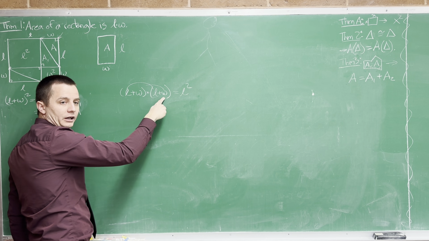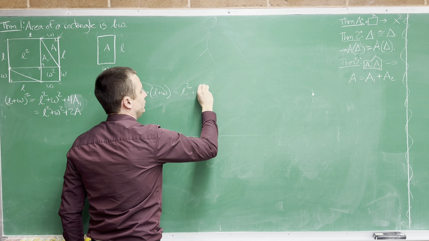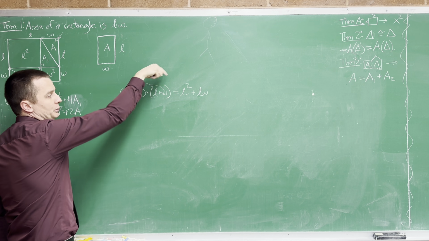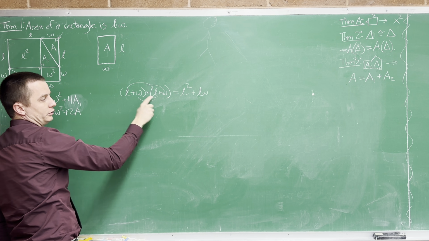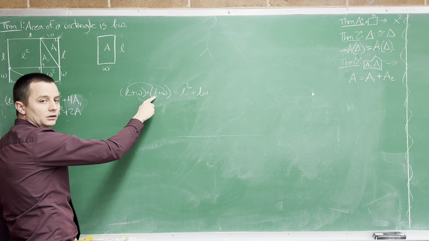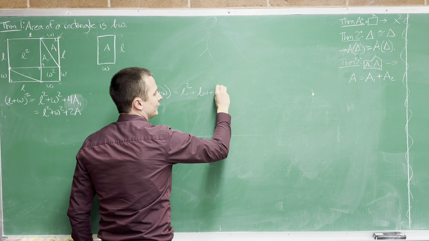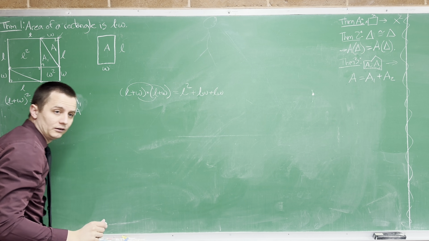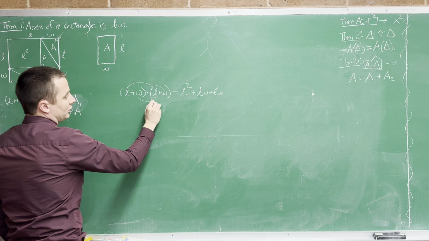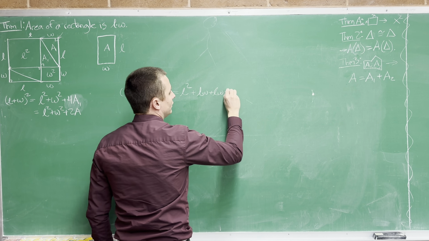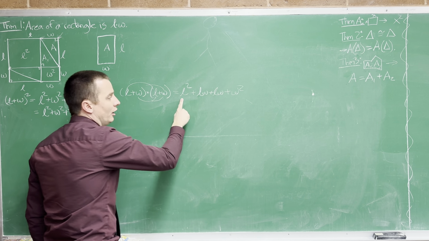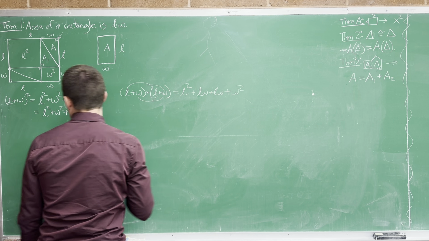L times W is LW. That's distributing the L to both terms. Now we've got to distribute the W to both terms, so it's W times L, WL, or LW. It doesn't matter what order we multiply. And then finally, what's W times W? W squared. So we've got an L squared, we've got two LWs and a W squared.